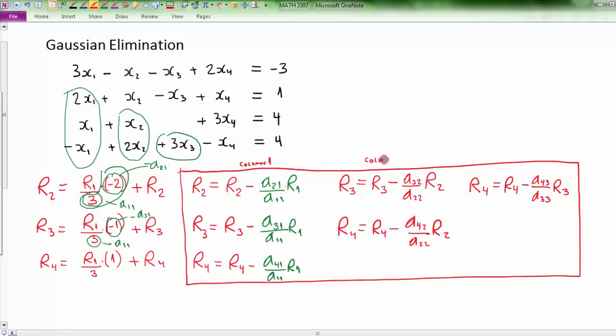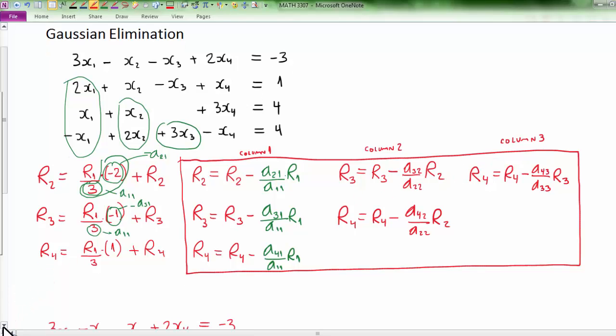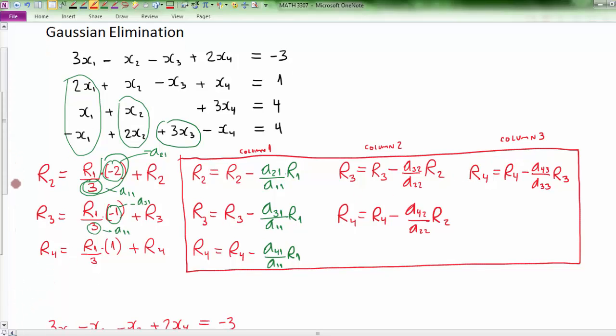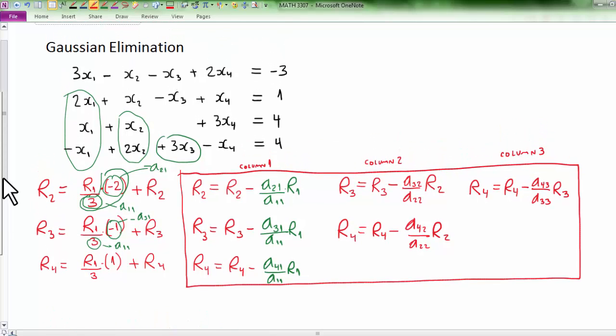Then we go to column 2, and then column 3. While we are at column 1, notice that we need to go from row 2 to row 4. When we are in column 2, we go from row 3 to row 4. When we're in column 3, we go just to row 4. That gives us a hint on how we can write the algorithm.